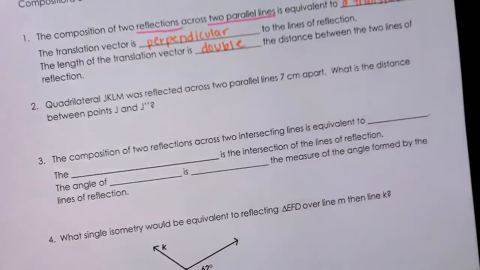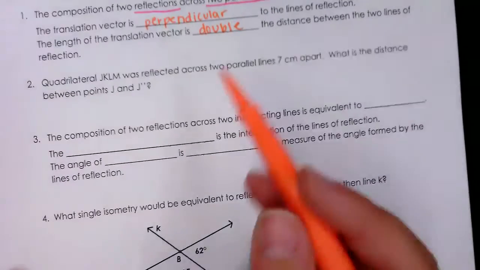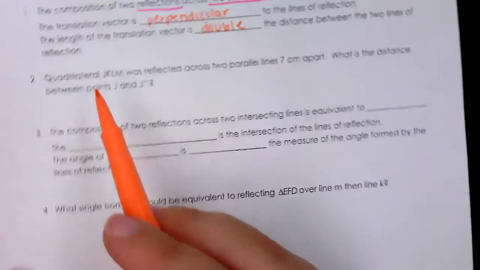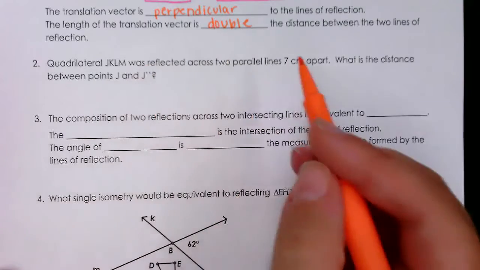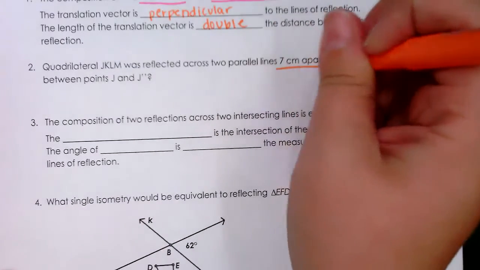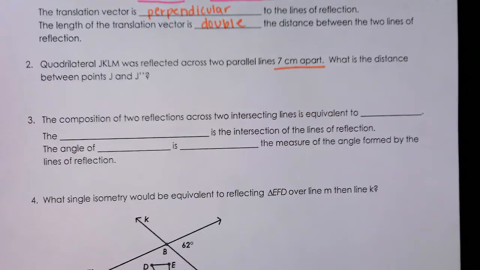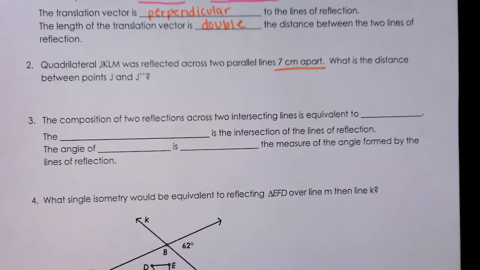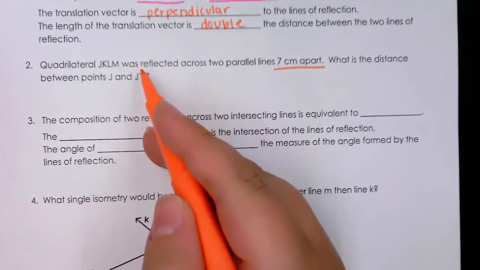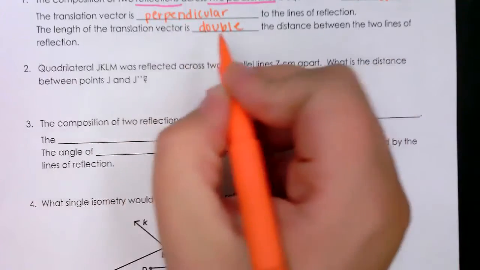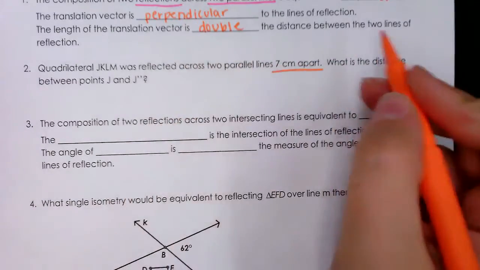And now we're going to look at another type. So now here's a question first. Quadrilateral JKLM was reflected across 2 parallel lines that are 7 centimeters apart. What is the distance between J and J double prime? Remember, we double the distance between the 2 lines.